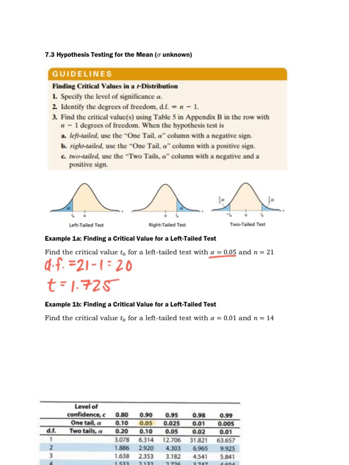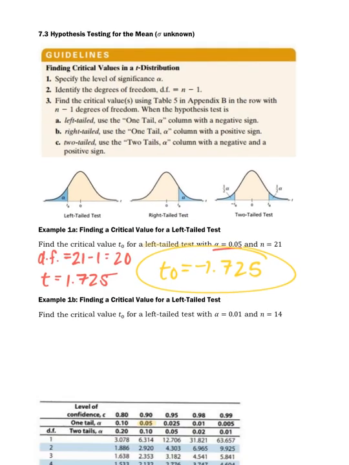However, this is a left-tailed test. So since it's a left-tailed test, our value for t sub 0 is negative 1.725. Okay, because that's the rule. If we have a left-tailed test, it's a negative t value.